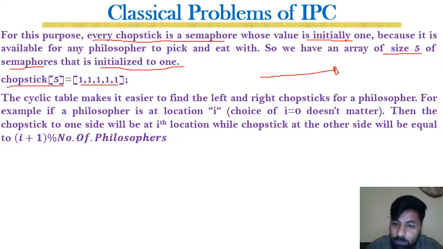For example, if these are the philosophers here, and we are placing chopsticks between every two philosophers, we will have to place a chopstick here, here and here, and the last chopstick may either be placed here or here.